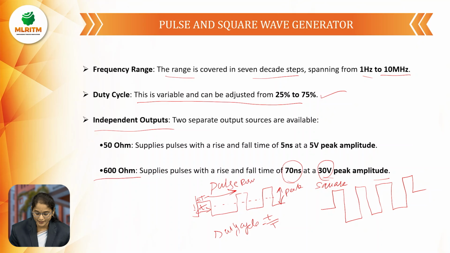This is the pulse period and this is the pulse width. This is the on time and this is the off time. Here nothing is generated, and here we generate the signal. For the square wave, the duty cycle is 50%, with equal on time and off time periods. The duty cycle is pulse width by pulse period, so here the duty cycle is 50%.